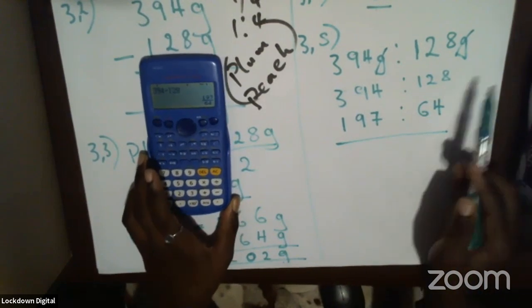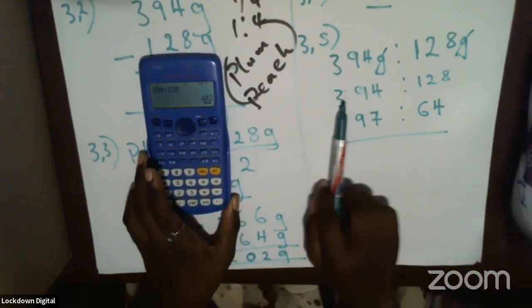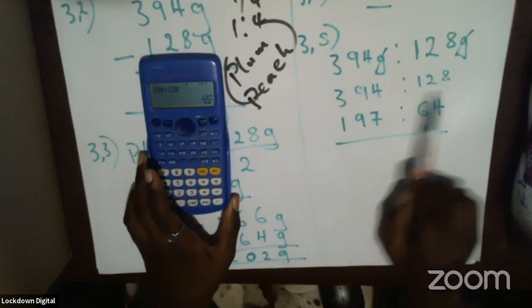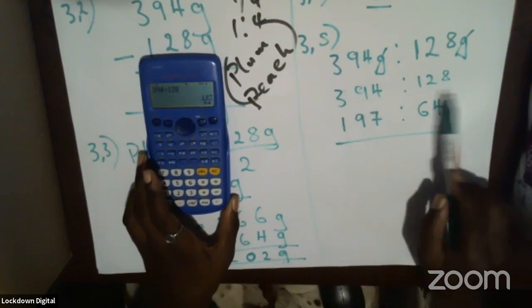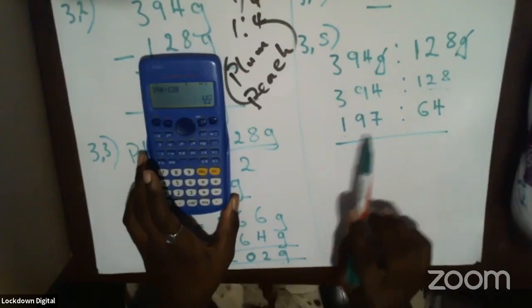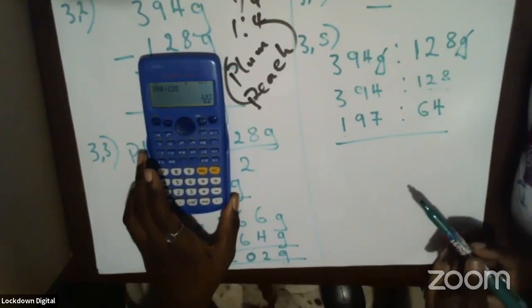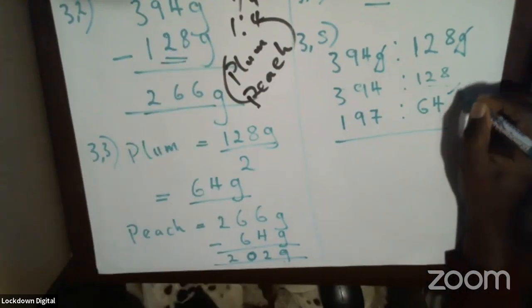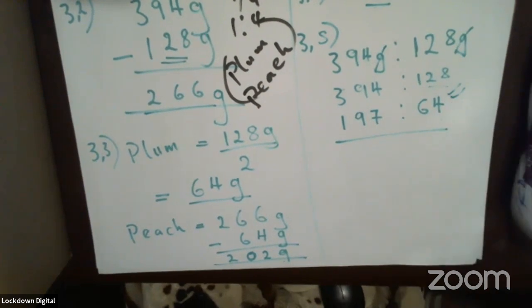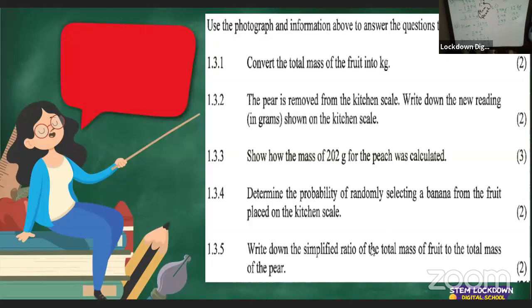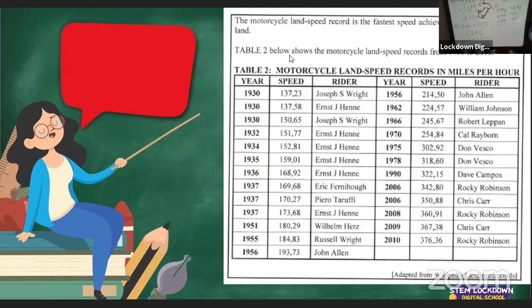You could have divided 2 into this number, and 2 into this number. That's how you get to this number. So this is the simplest fraction that you can get. Let's move on, guys. So you get your 2 marks simply by doing that.